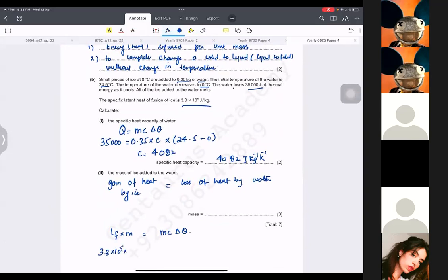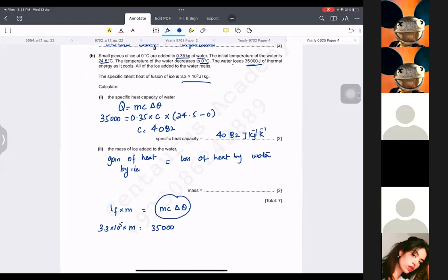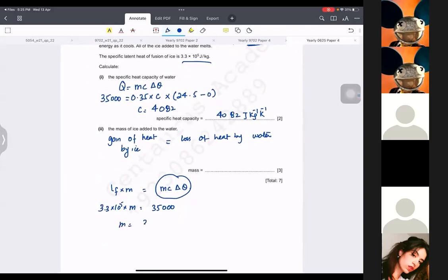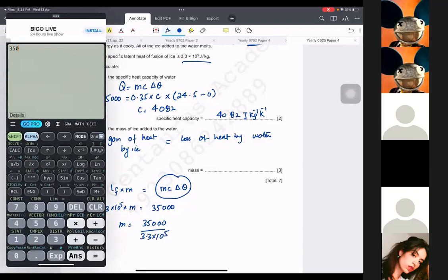The mass is what we need to find. And this whole was equal to 35,000 because this was the energy lost. So mass would be 35,000 divided by 3.3 times 10 raised to 5. So this would be 0.11 kilograms. All right, let me know if you have a question.